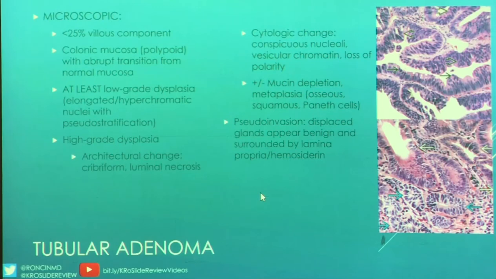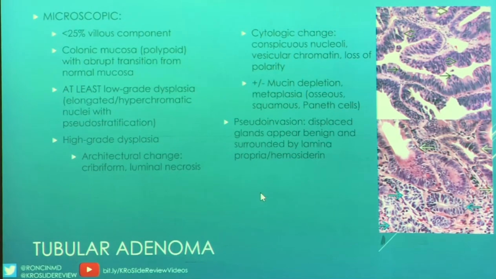And what they like to do is they like to have pseudo-invasion with tubular adenomas. So what this means is that the glands will get pushed down and they'll look like they're maybe angulated or something like that, but you're not going to see desmoplasia around them. In fact, you're going to have regular lamina propria or hemosiderin, because they bleed around them.